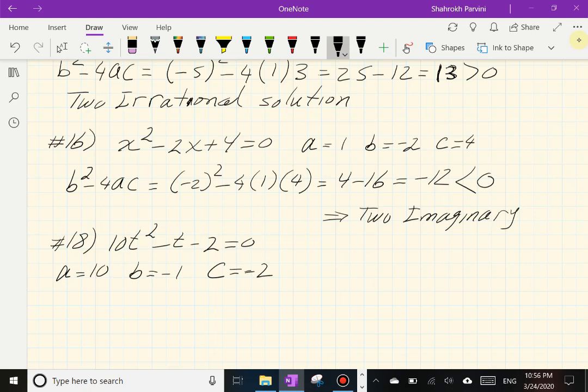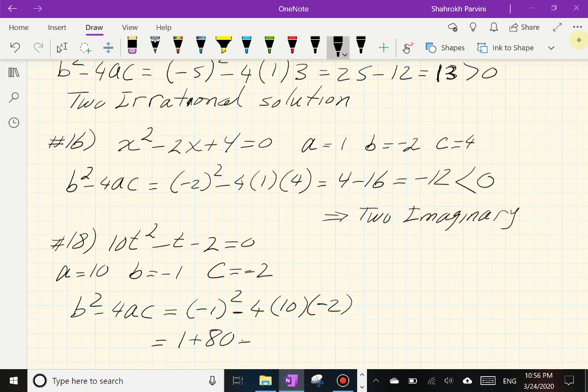So B squared minus 4AC, our discriminant, is negative 1 squared minus 4 times 10 times negative 2. That makes 1, and then on the other side, negative times negative is positive, 4 by 10 by 2 makes 80. So it's going to be 81.